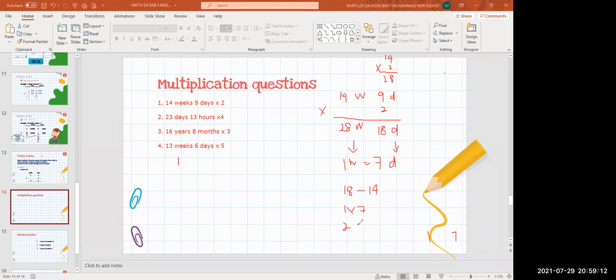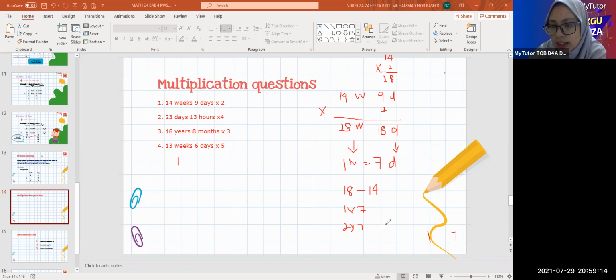Another week, second week, you multiply by 7 again, you get 14. If you multiply by 3 weeks, 3 times 7, you get 21. Your number is only up to 18, not reaching 21. If you had 21, you would take out 3 weeks. But you only have up to 14 days. So take out 14 days, the balance is 4 days. Okay, the balance is 4 days.